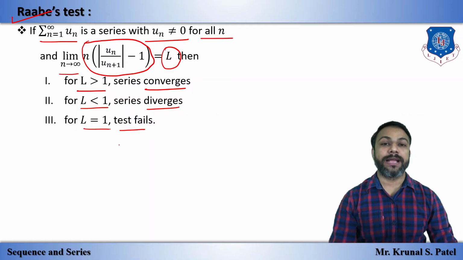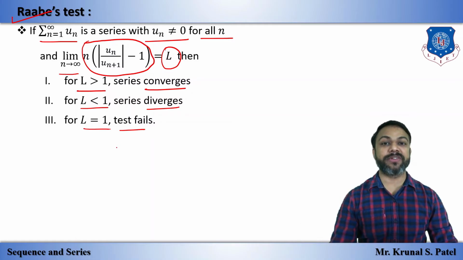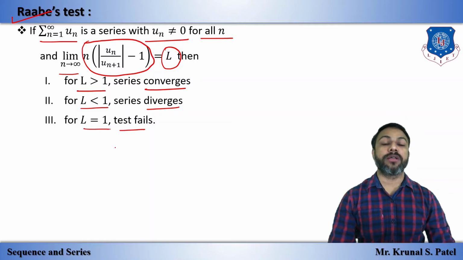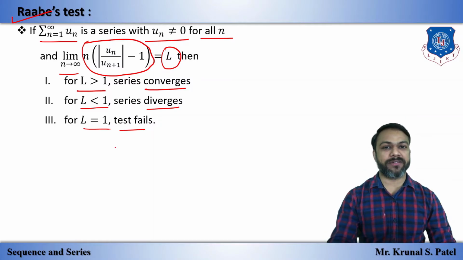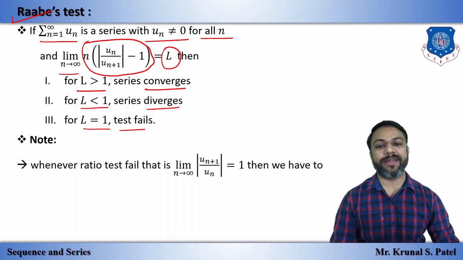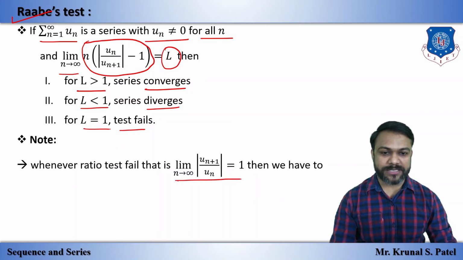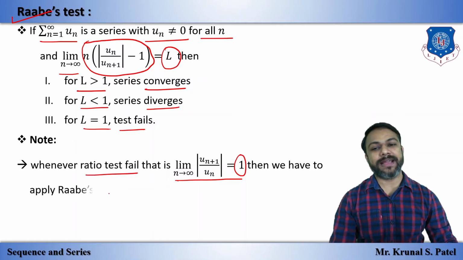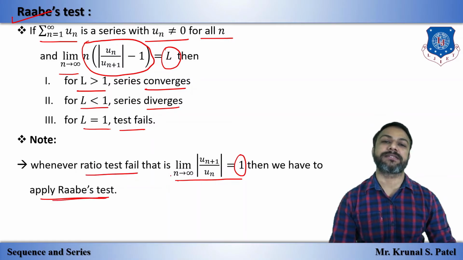As we discussed previously, if we get a factorial or other product or something constant raised to a power, then we can apply the ratio test. The Raabe test is applicable when the ratio test fails, because if it comes to 1, then the ratio test fails. In that case we will apply the Raabe test.